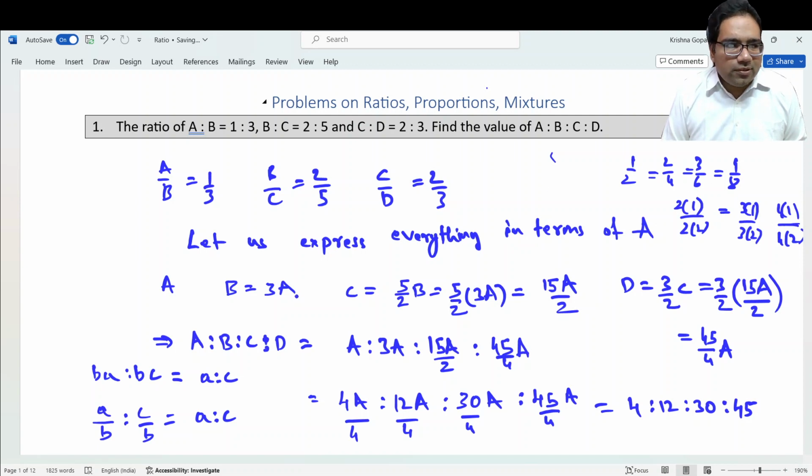A by B is equal to, so for example, A by B equal to X by Y. That means if we multiply, CA by CB is also equal to X by Y, right?